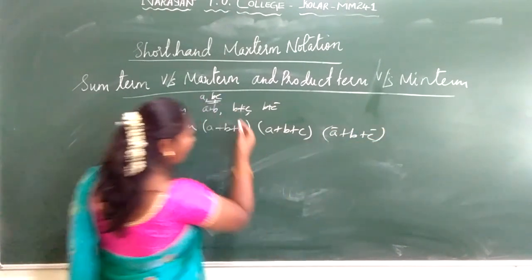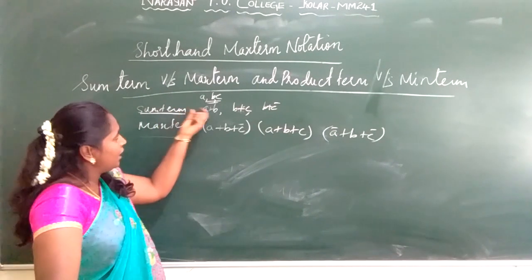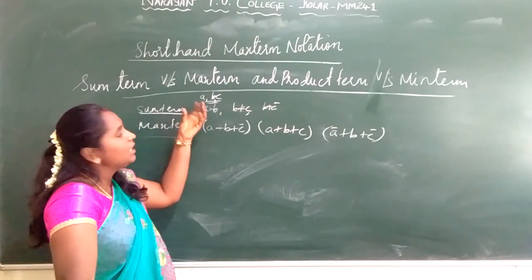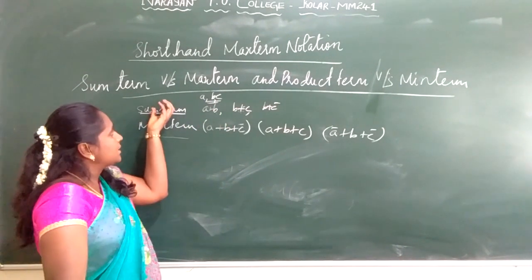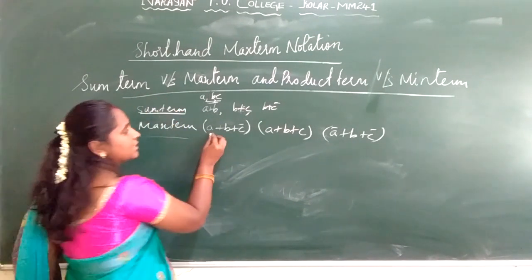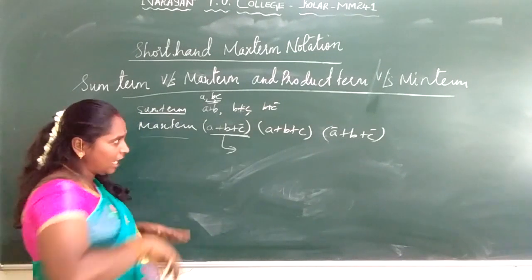In a sum term, the variables can be all present or some missing, and they can be complemented or uncomplemented. When you go for a max term, that is product of sum, each sum term should have all the variables. The variable can be complemented or uncomplemented.